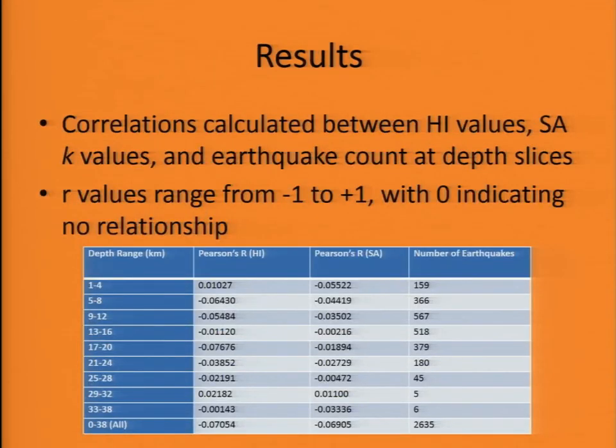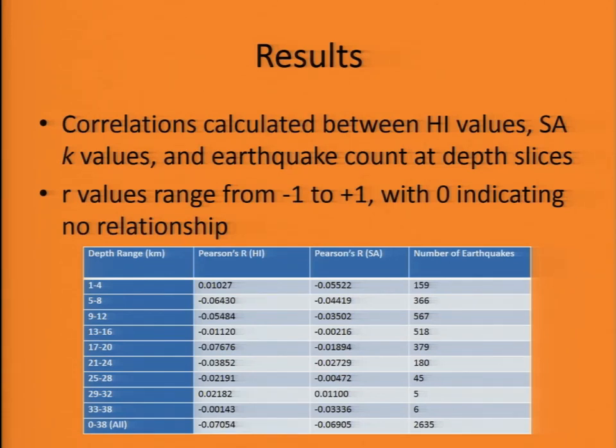Once I had all of those quadrats created for the earthquake count and both of those indices, I did a correlation between the two layers to see if there was any relationship between the values of the indices and the number of earthquakes. What I was hoping to find is that quadrats with a higher earthquake count would have higher index values.